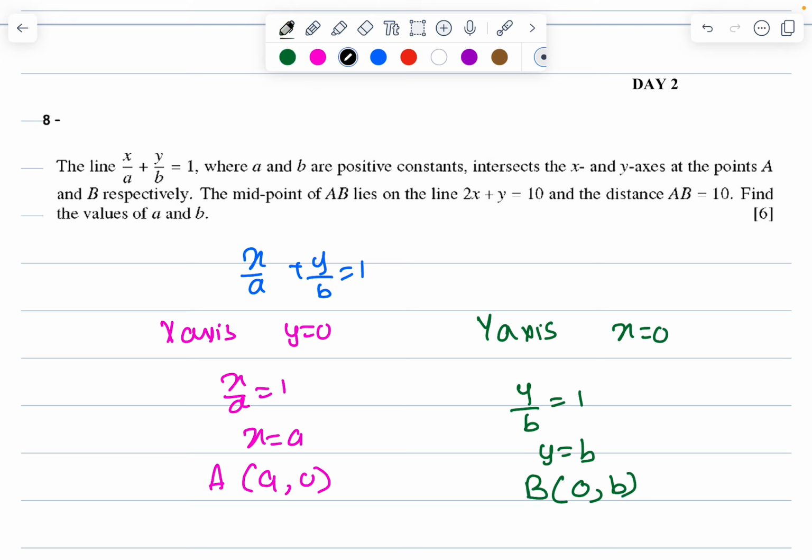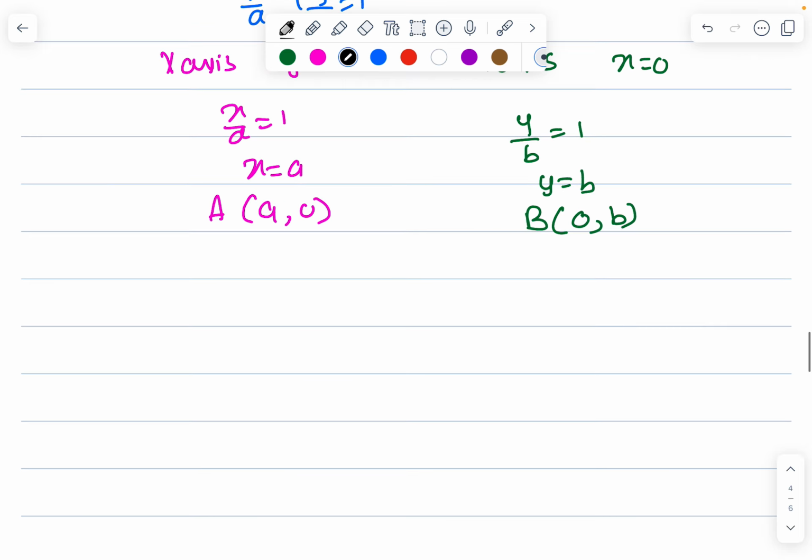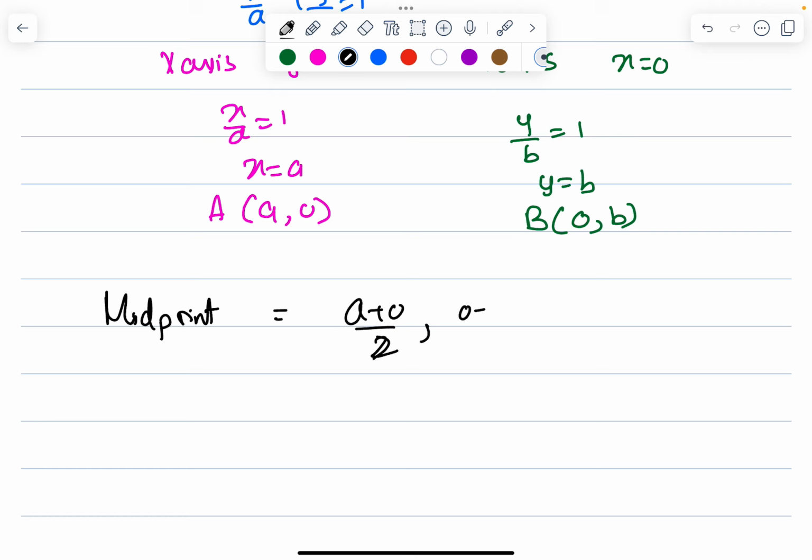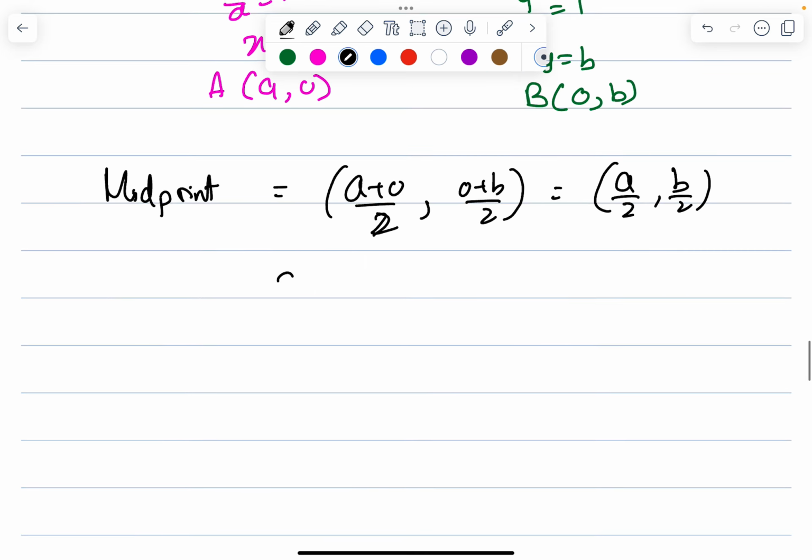Now the midpoint lies on this line and AB equals 10. So first of all, I am going to find the midpoint. Midpoint is (a plus 0) by 2 comma (0 plus b) by 2, which is a upon 2 comma b upon 2. So it lies on the line 2x plus y equals 10. So 2 times a upon 2 plus b upon 2 equals 10.